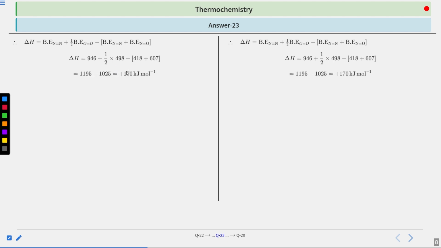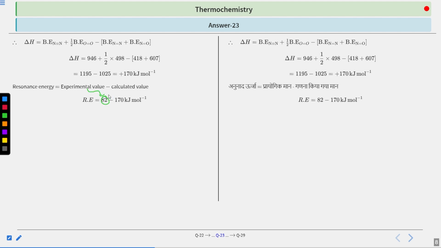Now, according to the ideal condition, this should be the delta H formation for N2O. This is the ideal case, but the experimental value was found to be 82, and the calculated value is 172. The difference between these two is nothing but our resonance energy, or the extra stability that has been provided.